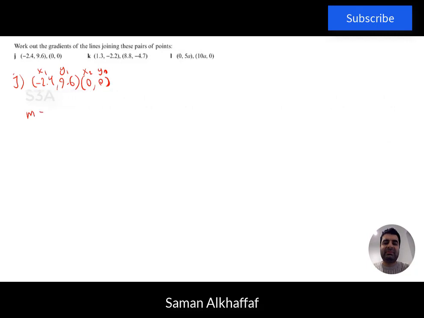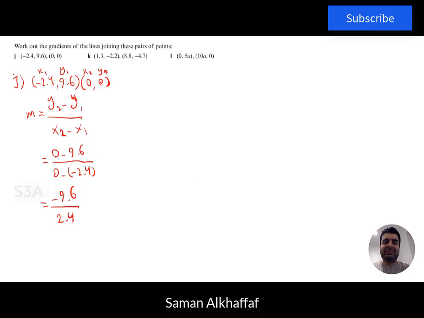Now we use the equation of the gradient, which is y2 take away y1 over x2 take away x1. So that will give us 0 take away 9.6 over 0 take away minus 2.4. So that will give us minus 9.6 in the numerator, and the denominator will be 2.4. So that will give us minus 4 as our answer for the gradient.